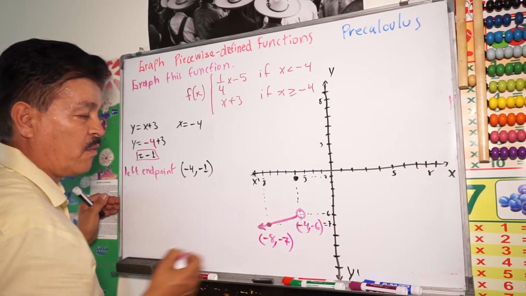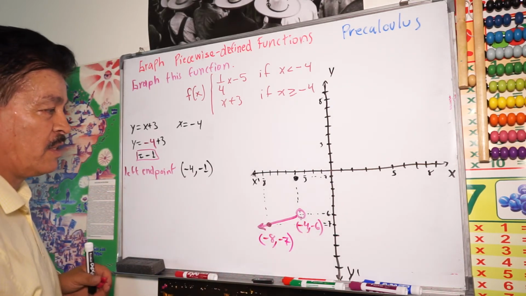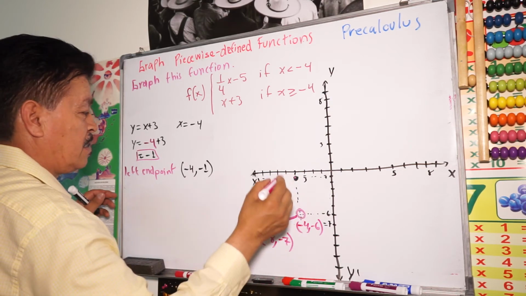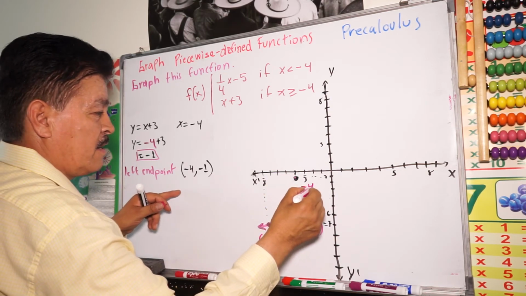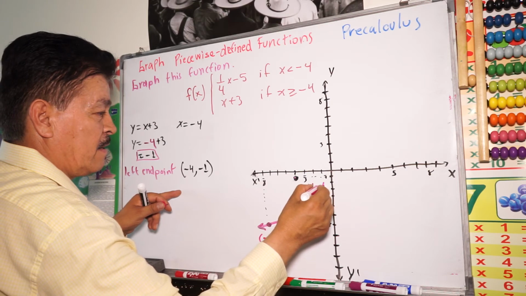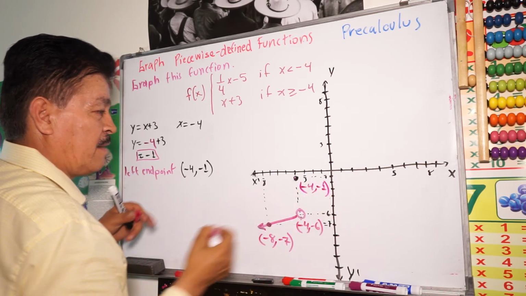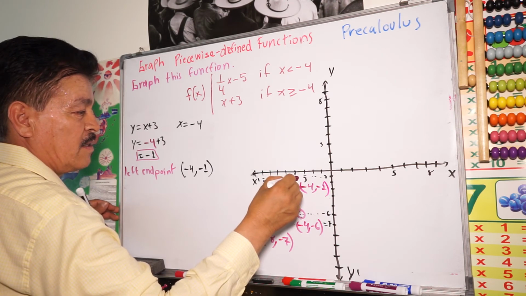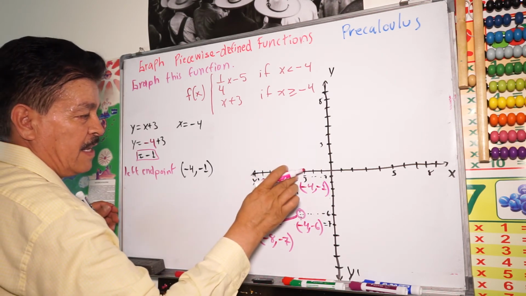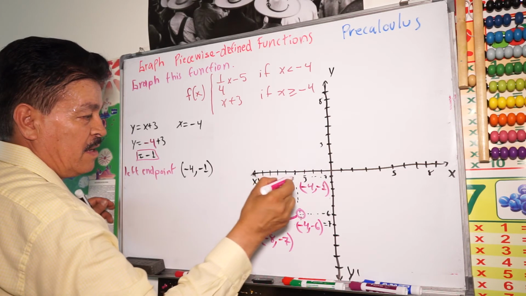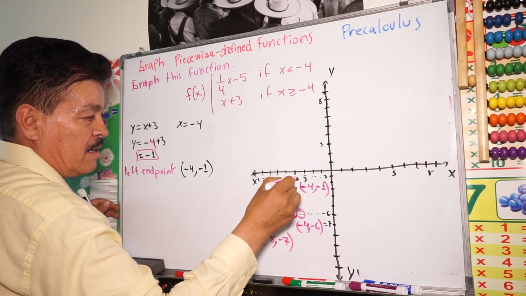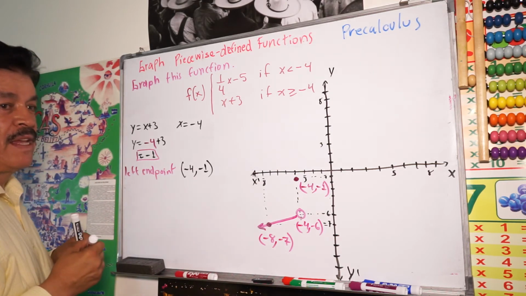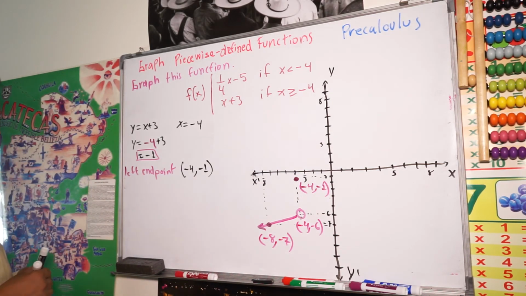So the point that we found is -4, -1 on the graph. This little point. I'm going to use the same color. So the circle is closed right there.